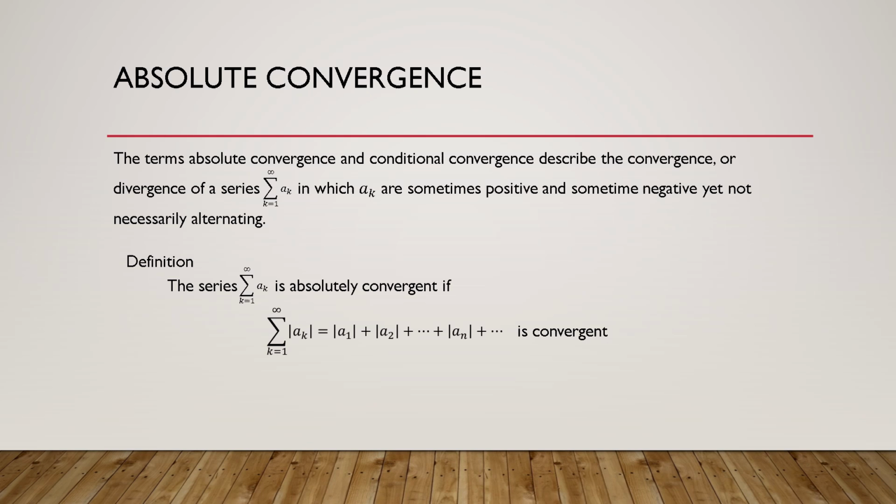The idea is, when we have a series that has some negative terms, if we pass to an entirely positive series, and if that series converges, then the series with the negative terms in it will have to converge as well. The theorem states that if the series, the sum from k equals 1 to infinity of a sub k is absolutely convergent, then it is convergent.